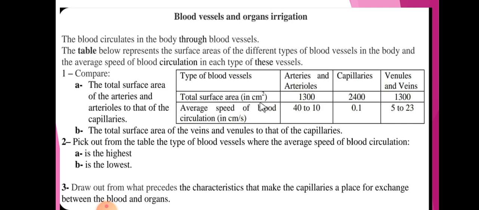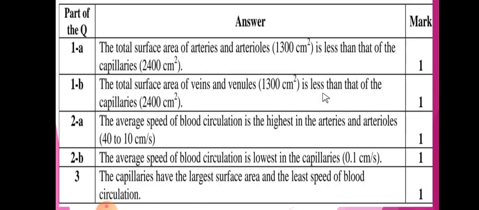The total surface area in the arteries and arteriole is 1300 centimeter cube, while it is 2400 centimeter cube in the capillaries. We can say while, we can say less than that. Okay, the total surface area of the artery and arteriole is this much.